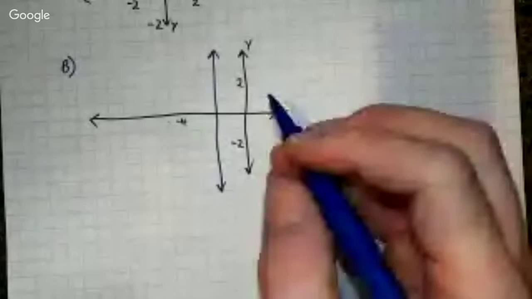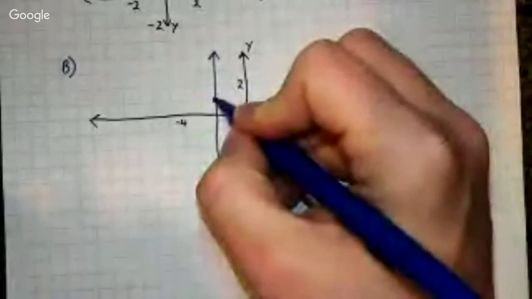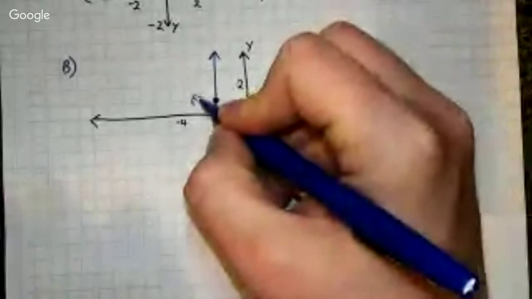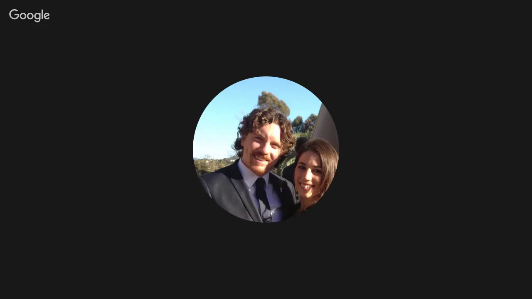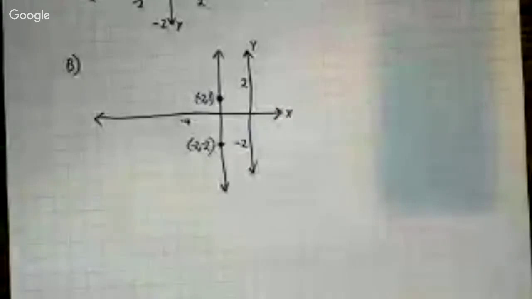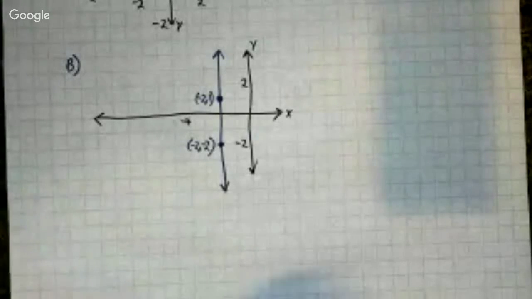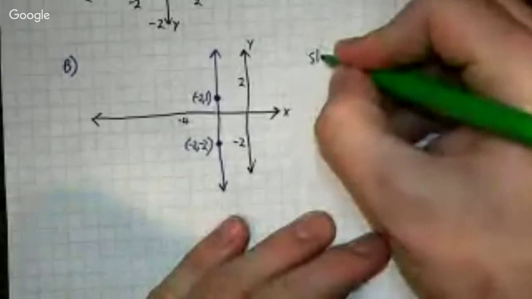My first point I'm going to find is going to be negative 2, 1. Okay, so I have my vertical line. I have my 2 points. That's all I need. Let's go ahead and find the slope.